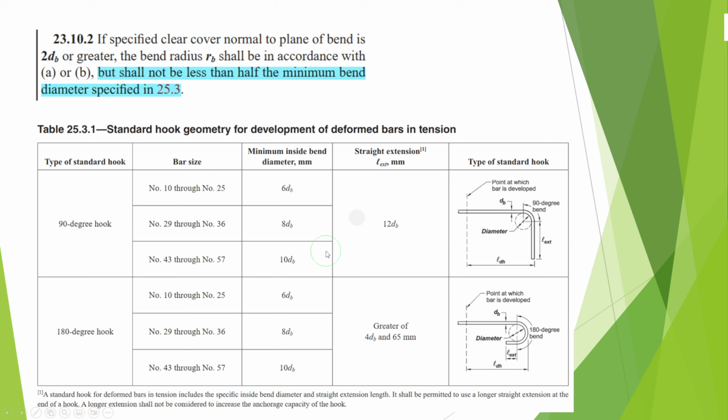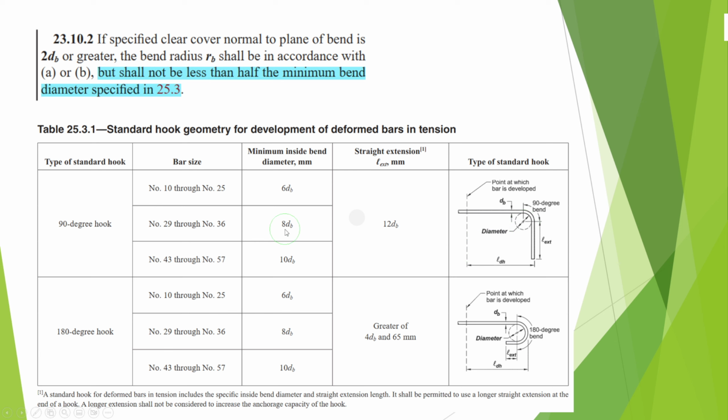So first of all, we have to calculate this radius using the requirements in chapter 23. Then we come to this table to calculate the minimum diameter of this bend, and we have to select the larger one.